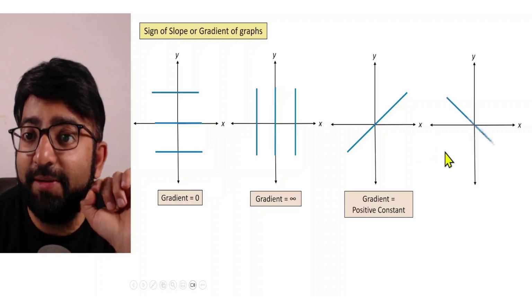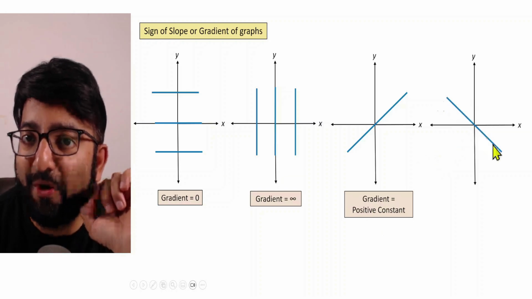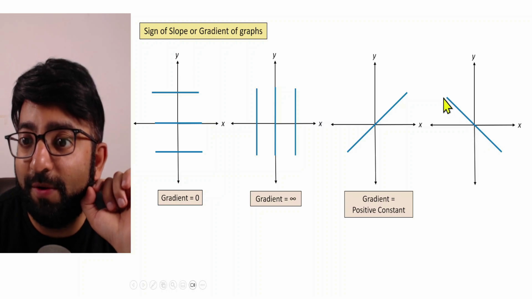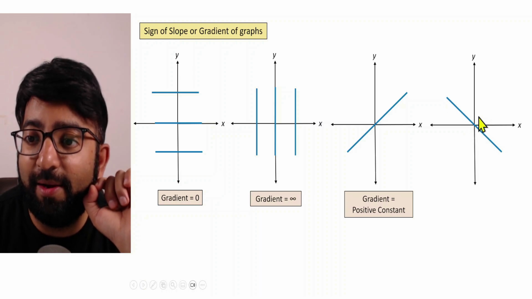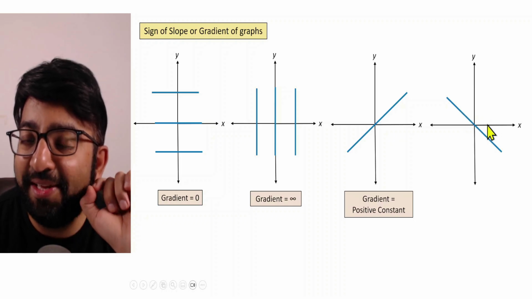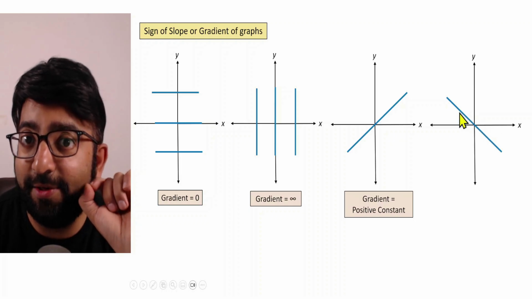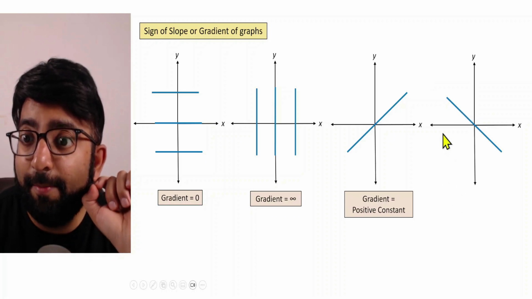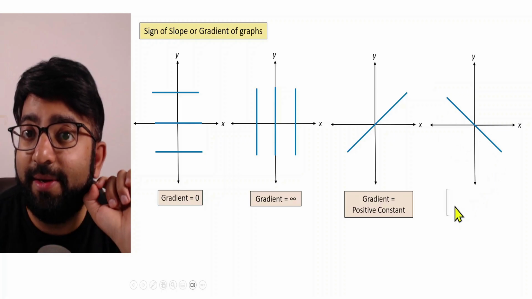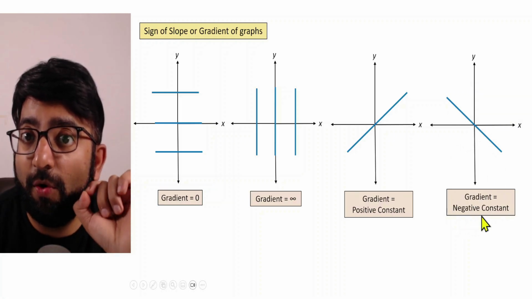On the other hand, let's take the same straight line, but drawn like this. Now if you observe the angle which this line makes with the x-axis, this is the angle theta we are after. This angle theta is greater than 90, which is obtuse. And when theta is obtuse, the value of tan is negative. Hence, remember, whenever the line looks like this, the gradient will always be a negative constant.